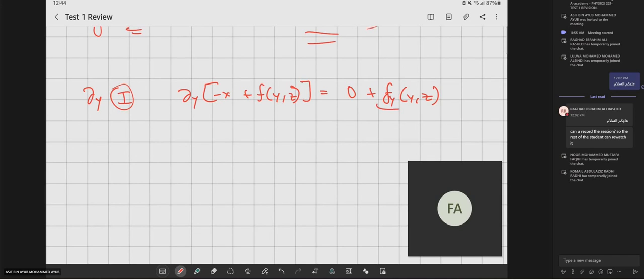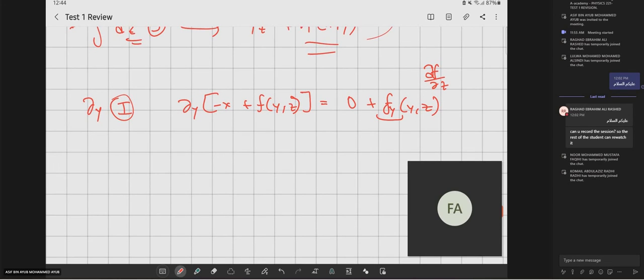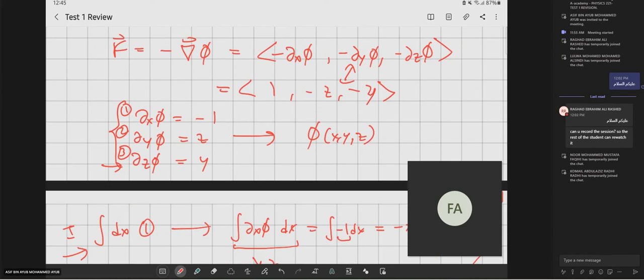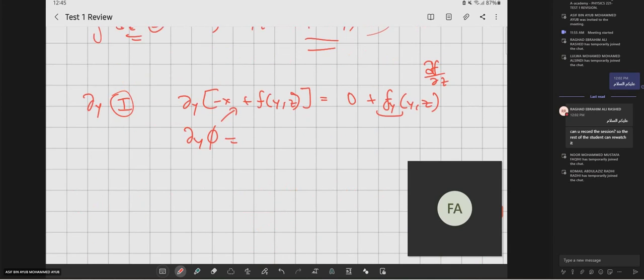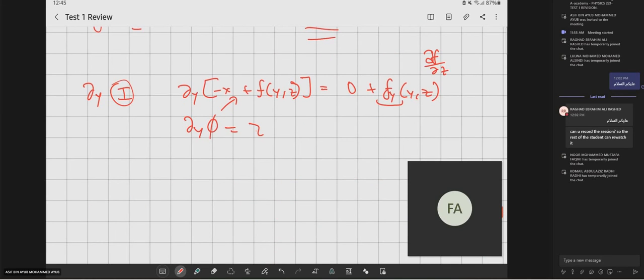So f sub y means I'm taking partial f over partial y. Okay, so this is partial y of phi by definition, and partial y of phi, as we said, was z. So I'll have f sub y of y and z equals z.